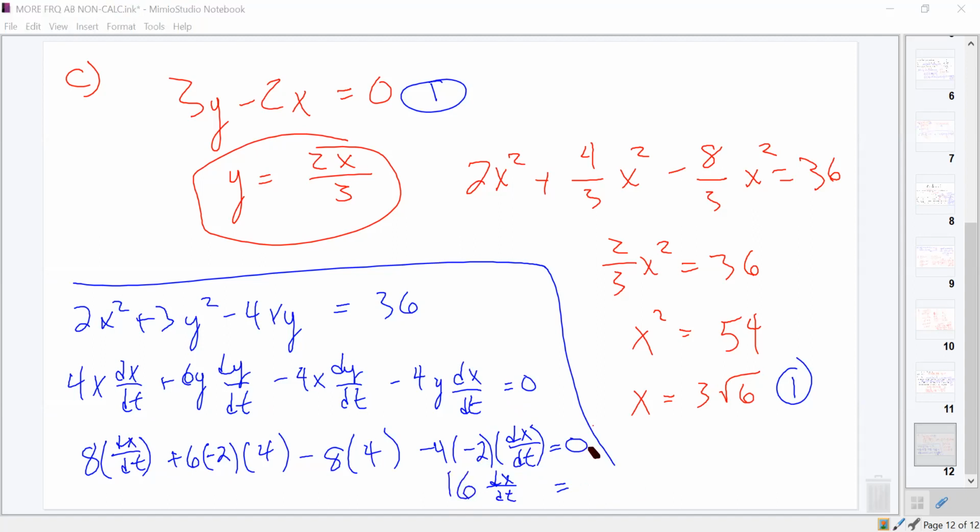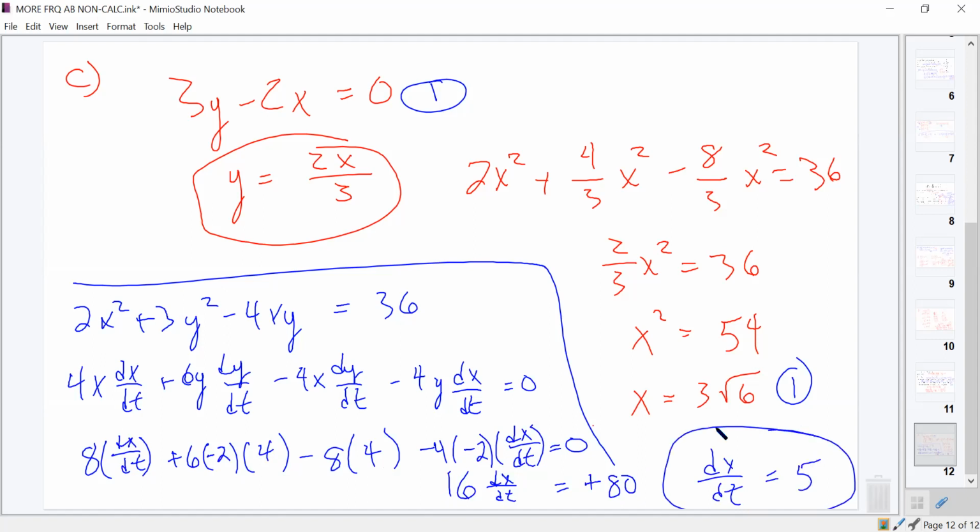This side was a negative 48 minus 32, which is negative 80. So we bring it over as a positive 80, and you should get dx/dt equals 80 over 16, which is 5.